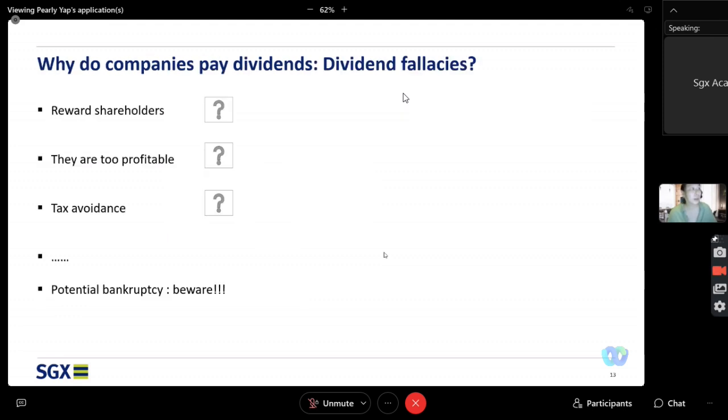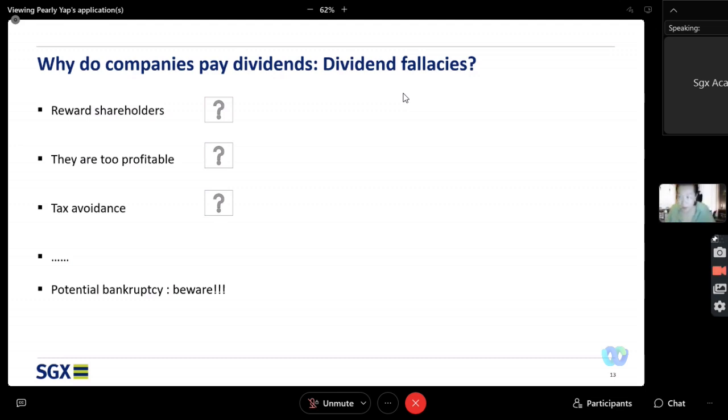Now, why do companies pay dividends? I'm going a little bit into fundamentals, so I'm going to go quite fast because I'm only at topic number 1 and it's already 7:50. Do companies pay shareholders to reward them? Is it because they're too profitable? Is it because they want to avoid taxes?